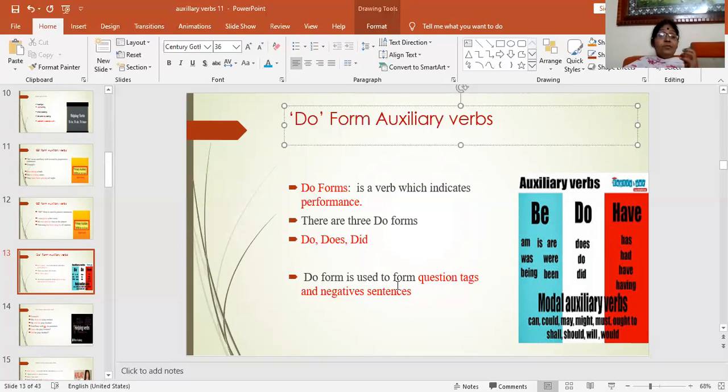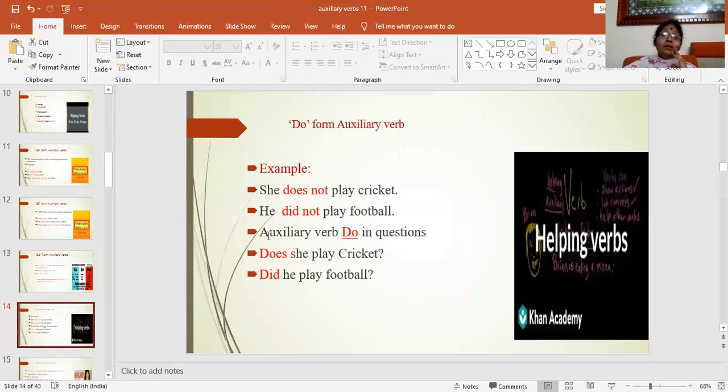And do form is used to form question tags and negative sentences. For example, she does not play cricket, negative sentence. He did not play football. Questions: Does she play cricket? Did he play football?